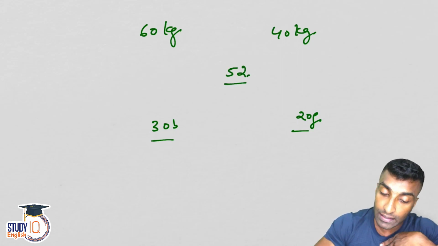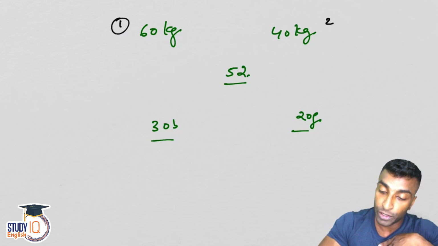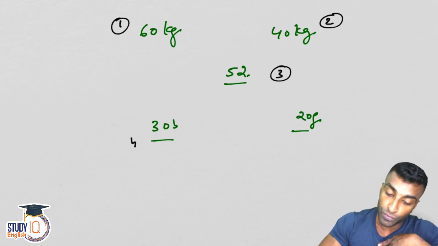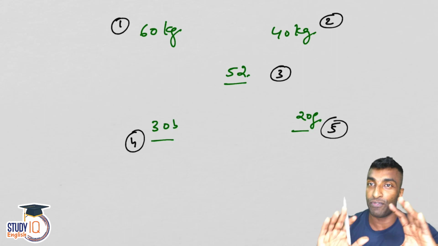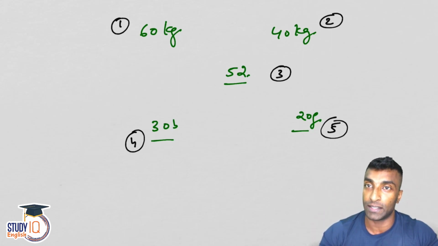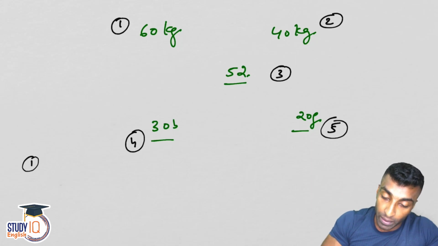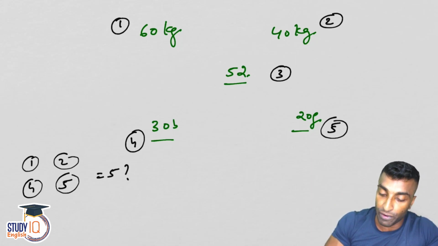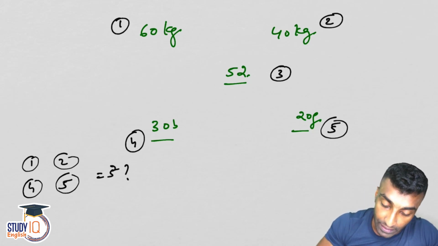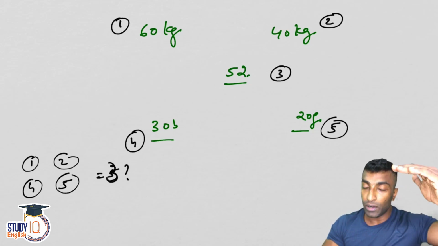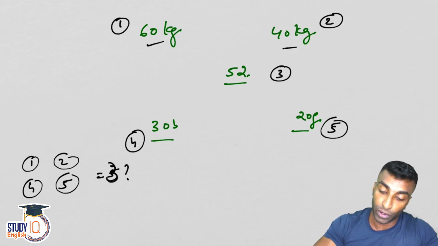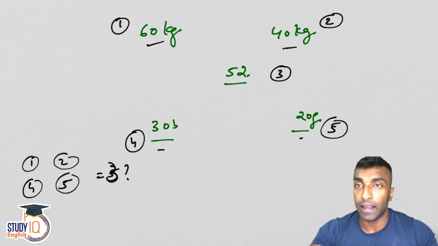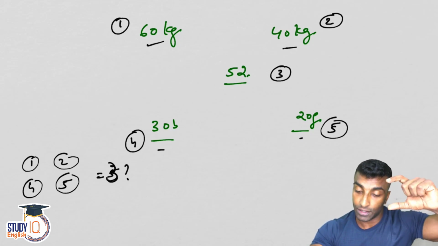Now if I mark this as 1, 2, 3, 4, 5, so five different pieces of information. In this question, what they have given is 1, 2, 4, 5, that is 60, 40, 30, 20, and they ask you to find the third one.